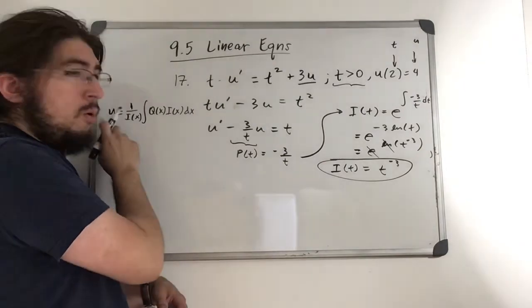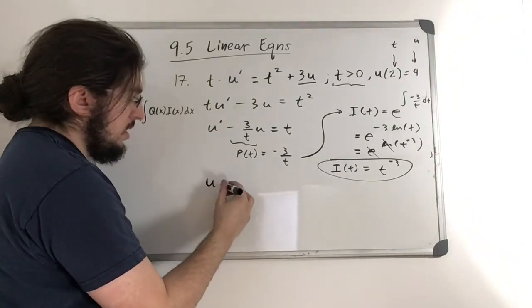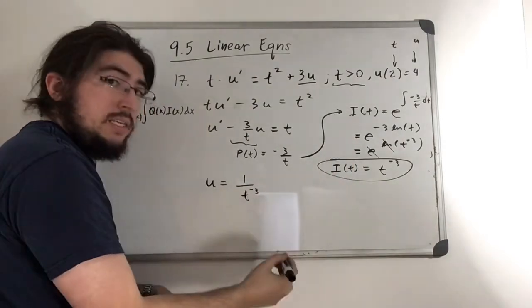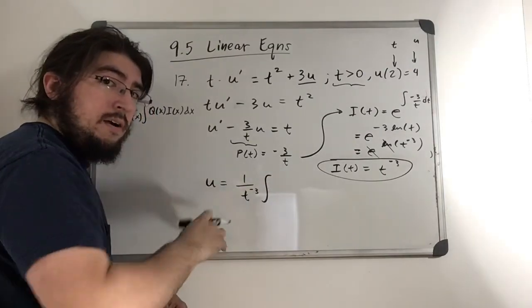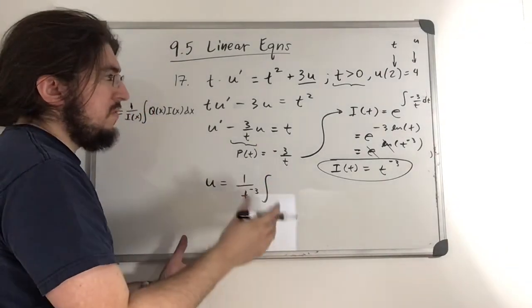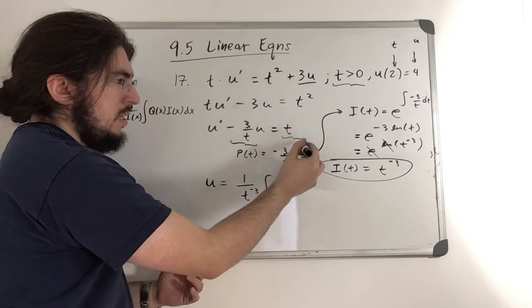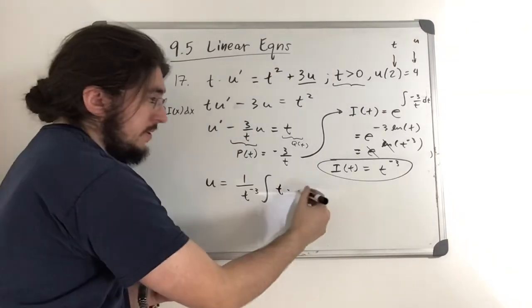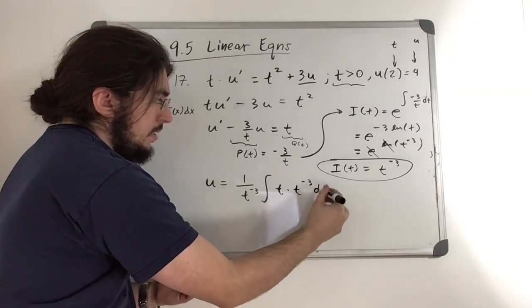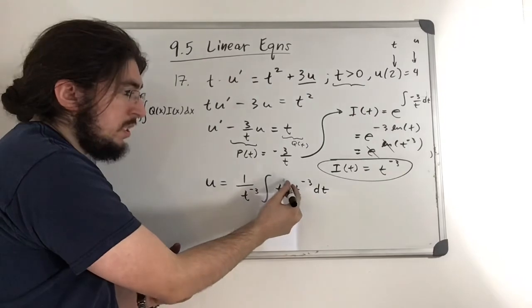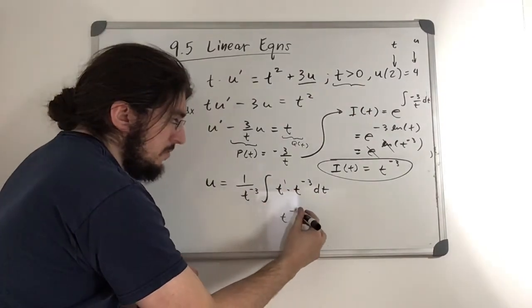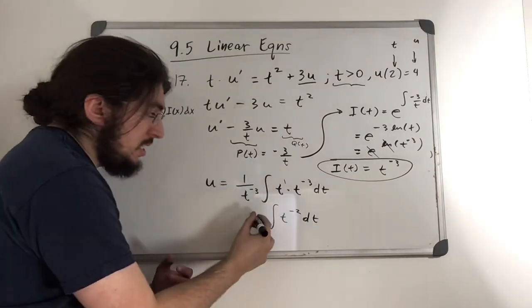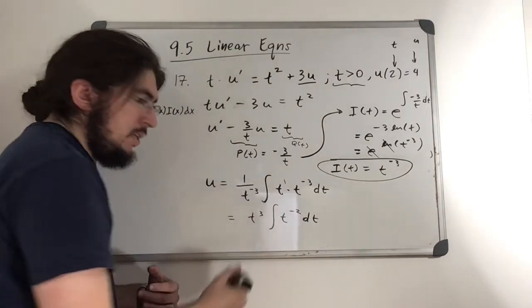So remember, our y is u in this case, so we're going to get u is equal to 1 over the integrating factor, in this case it's t to the negative 3, times the integral of, well, q of t, which would be this guy here, so t, times our integrating factor, t to the negative 3, dt. Now these of course combine by adding their powers, so it's t to the negative 2, still inside of the integral. 1 over t to the negative 3 is just t to the positive 3, so that's fine.